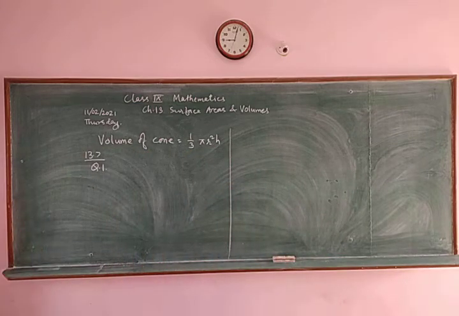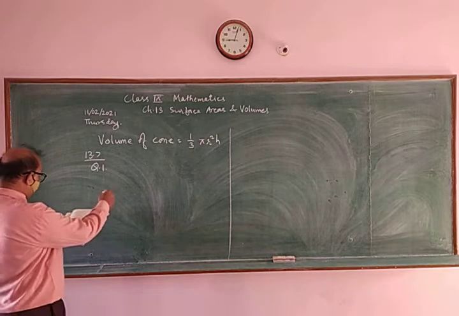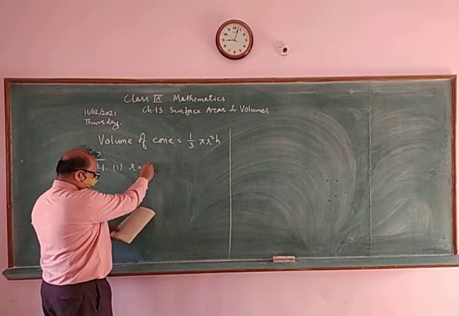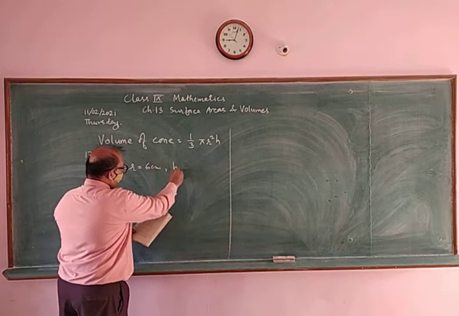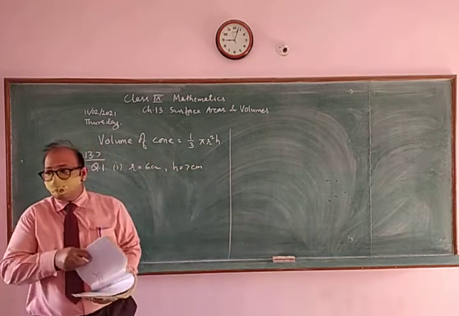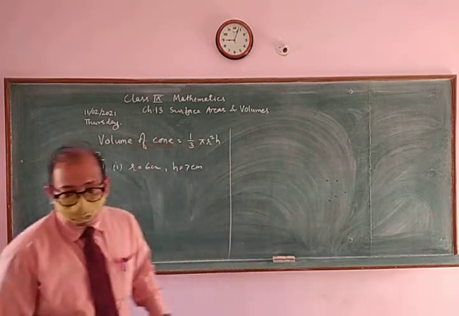Find the volume of a right circular cone with radius 6 cm and height 7 cm. So r is equal to 6 cm, h is equal to 7 cm, and we have to find the volume of the cone.